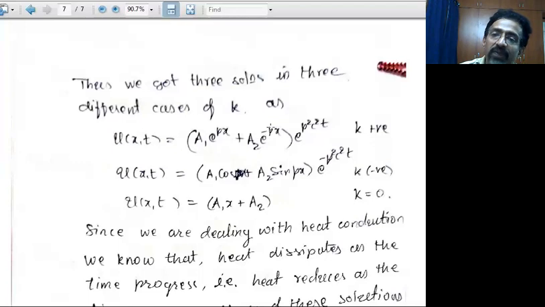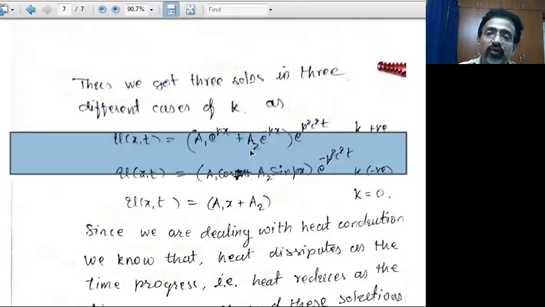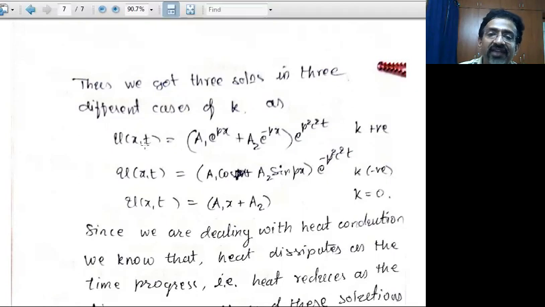As x increases, it is like e raised to minus infinity, which tends to 0. It starts from higher values and starts reducing, but always it is positive. So you have an increasing function e raised to px, plus you are adding something. So in total, this function is an increasing function. That clearly indicates as x increases, the total value increases.